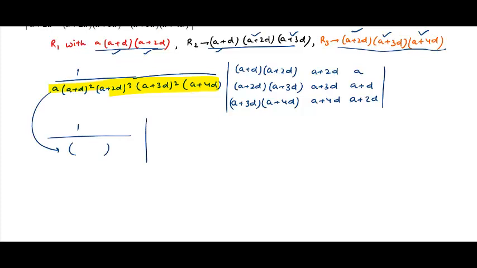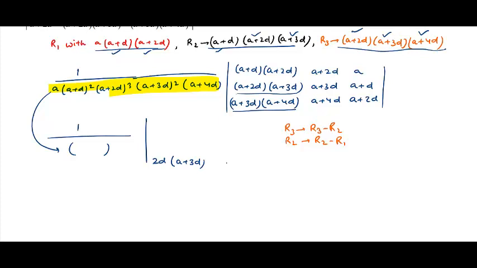Now in this determinant, I use some transformations: from the third row we subtract the second row, and from the second row we subtract the first row. So from this particular element you subtract this, and we get a plus 3d common. Observe carefully, I'm writing it a bit directly, you can think about this orally. This becomes a plus 3d into 2d.